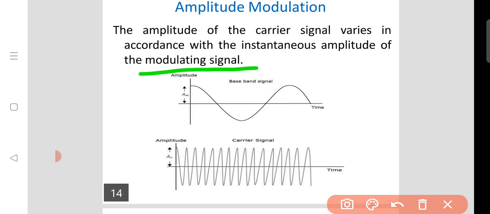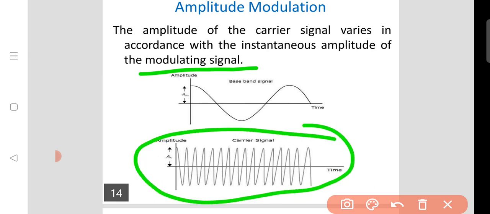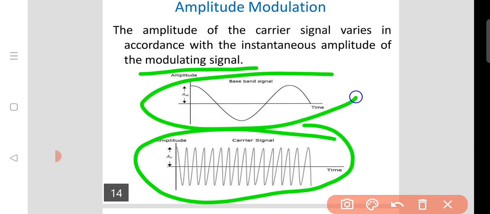The message signal is also called the modulating signal. The energy signal means the high frequency signal. The message signal is transmitted along with the high frequency signal. That high frequency signal is called the carrier signal. The carrier signal is the high frequency signal, and the message signal is the low frequency signal.